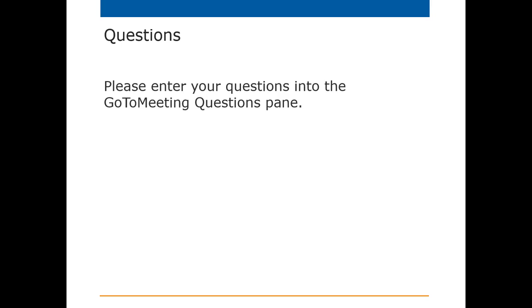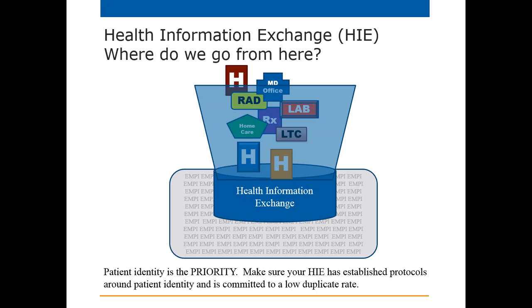Okay, great. Very good. So as we are talking about where we go from here, patient identity is the priority. If we're talking about an EMR, a small network, or a statewide HIE, we have got to make sure that we have protocols around patient identity.